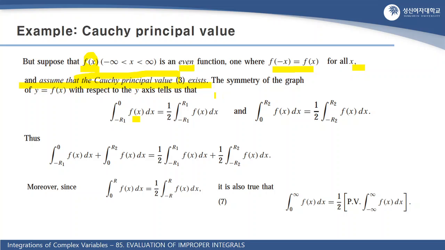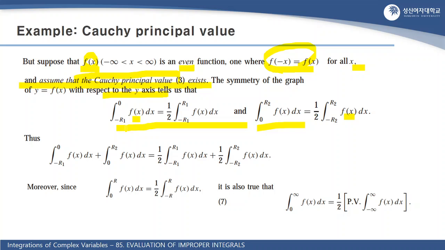An even function is where f of x equals f of negative x; in other words, that function reflects evenly about the y-axis. Similarly, the integral from 0 to R2 equals half the integral from negative R2 to R2, because the given function f of x is even.